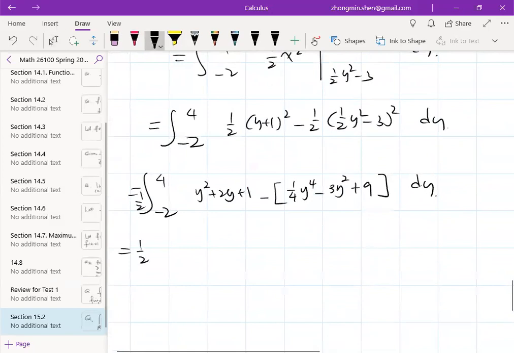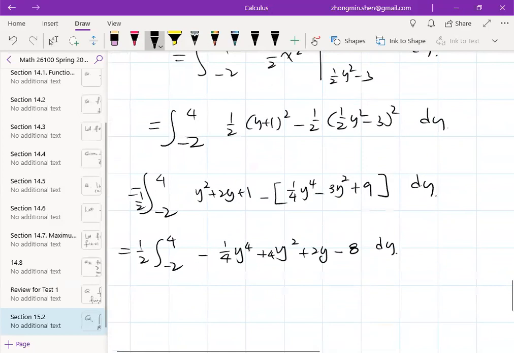Continue. Let's list them in order: y squared plus 3y, 4y squared, and plus 2y minus 8.